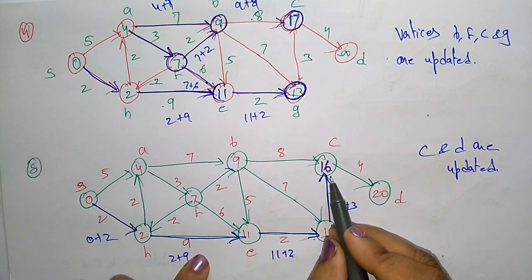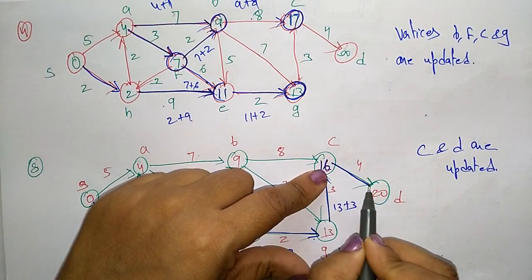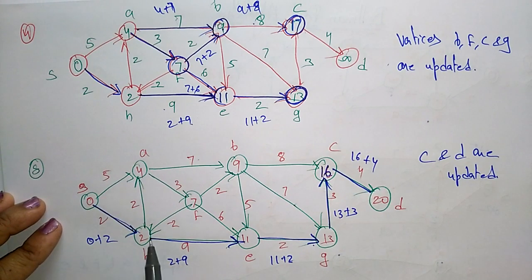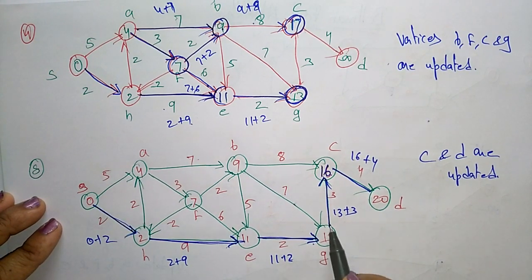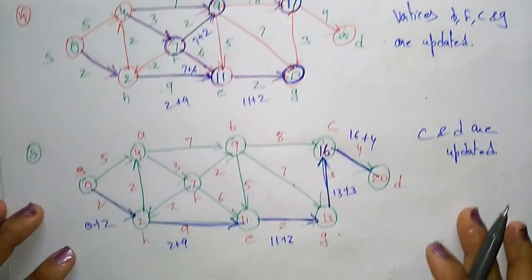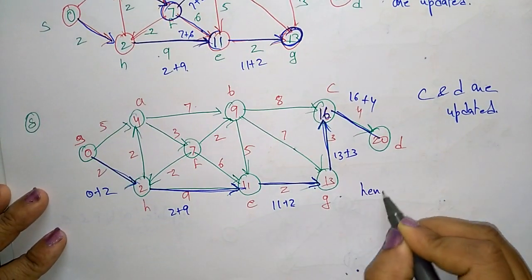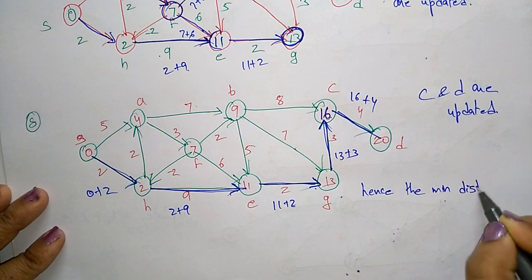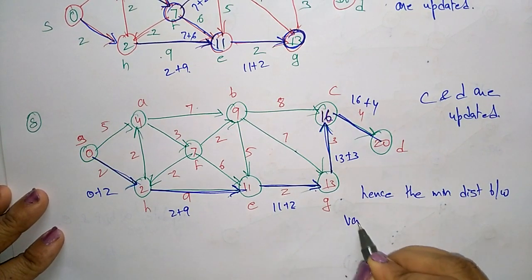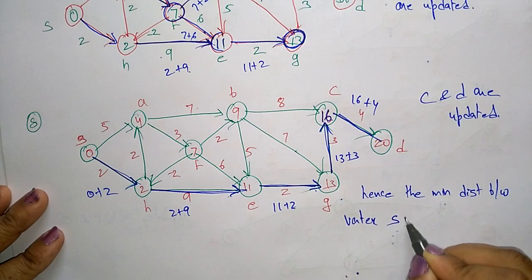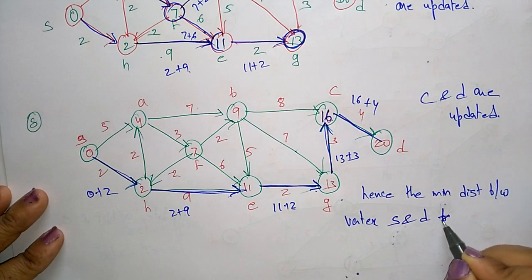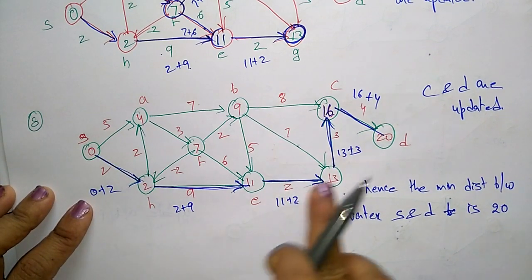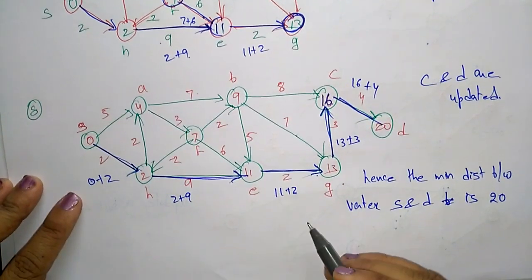So this is the one path. And next, 16 plus 4 is 20. So this is the path which satisfies the conditions. Hence the minimum distance between vertex S and D is 20.